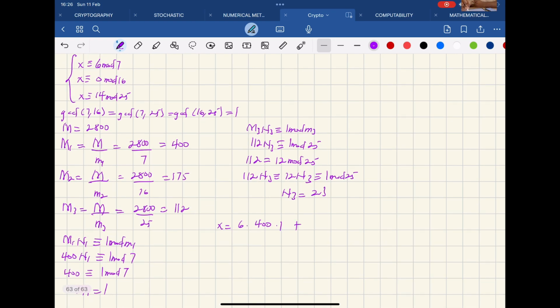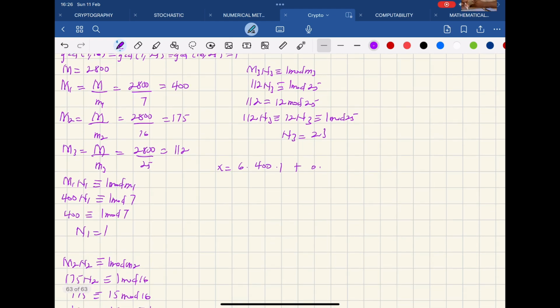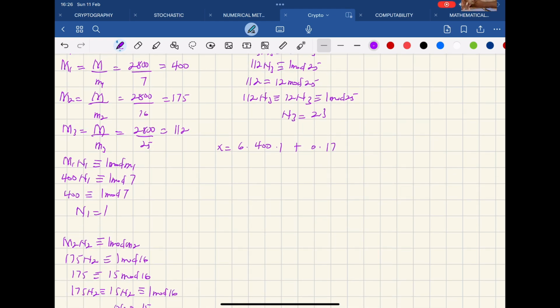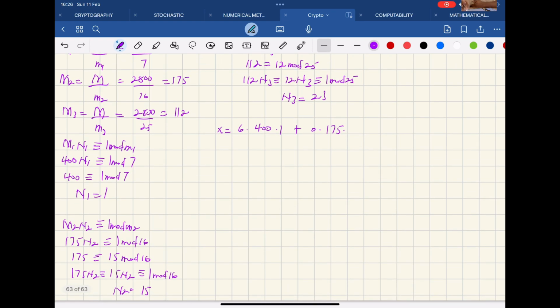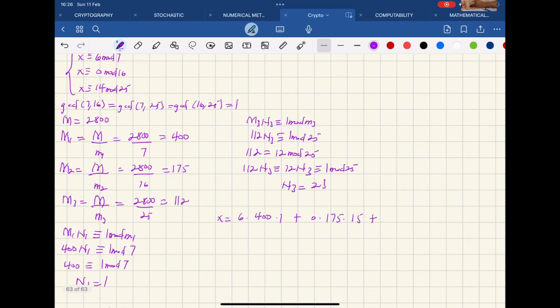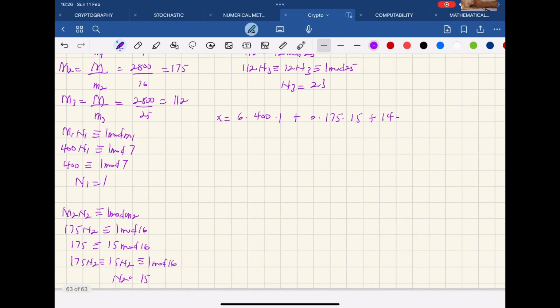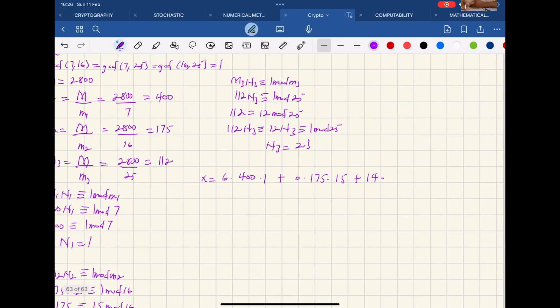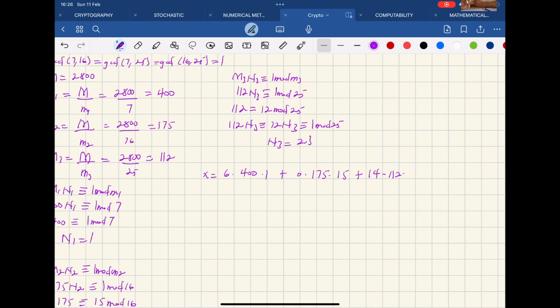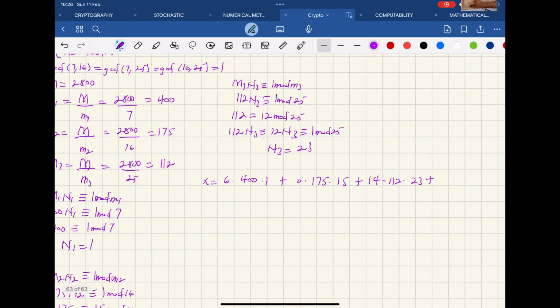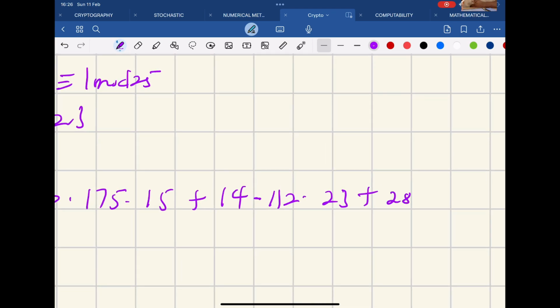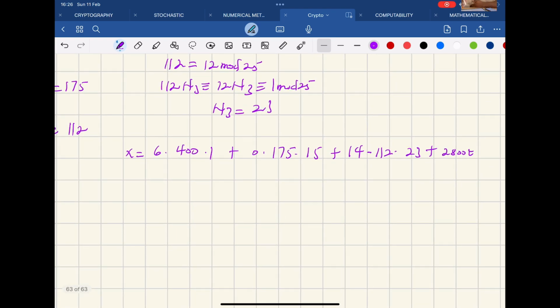So plus A2, which is 0, M2 is 175, and N2 is 15. Plus A3, so A3 is 14, M3 is 112 and N3 is 23, plus our big M times t. Our big M was 2800, so 2800t.